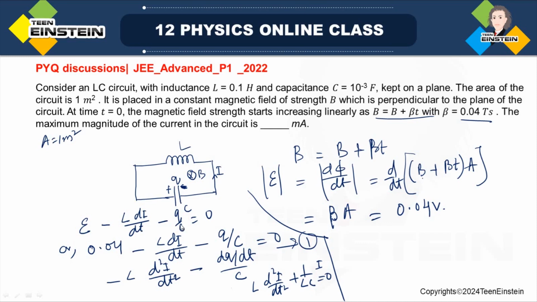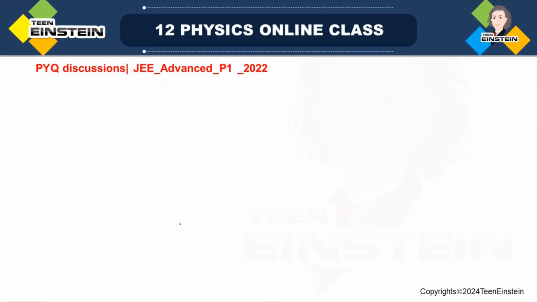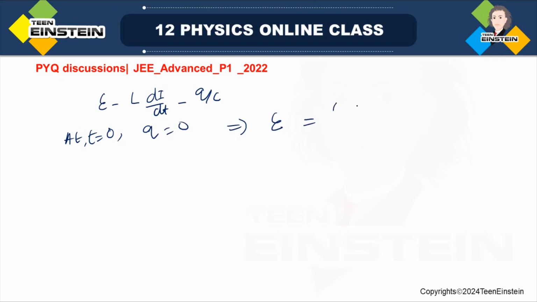So if I want to write di dt here, look, I have got the equation EMF minus L di dt minus Q by C. So if I apply at t is equal to 0, Q was also 0, then I can write this as E is equal to L into di dt.